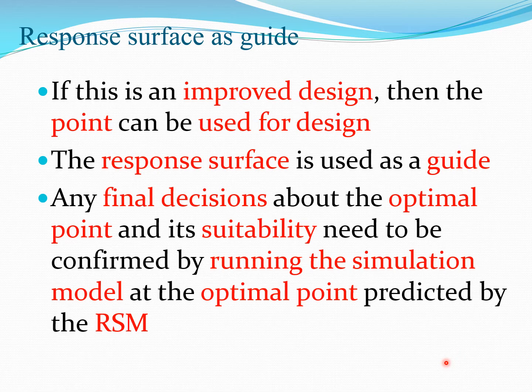So the response surface is being used only as a guide here, and any final decision you make about whether the optimal point is to be used in a realistic design should be confirmed by running the simulation model at the particular point predicted by the response surface, and you also need to check if any constraints which are there in the problem, physical constraints, are actually satisfied at this point, because these need to be satisfied by the actual simulation model or the experiment concerned.